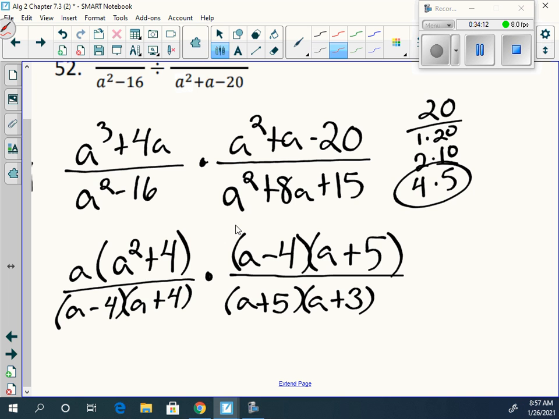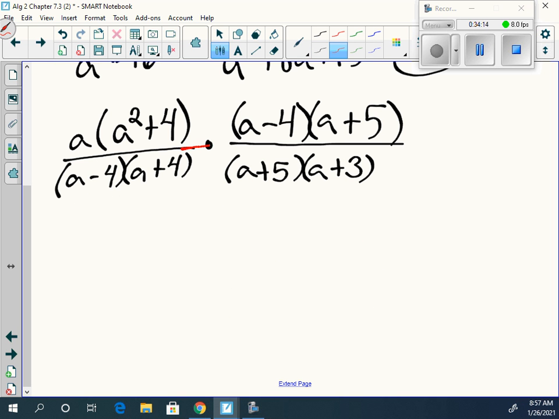Now, again, we're going to be a little bit lazy and just draw a line to connect the two because they are being multiplied together. So it simplifies. Yeah, an a plus 5 and a plus 5.